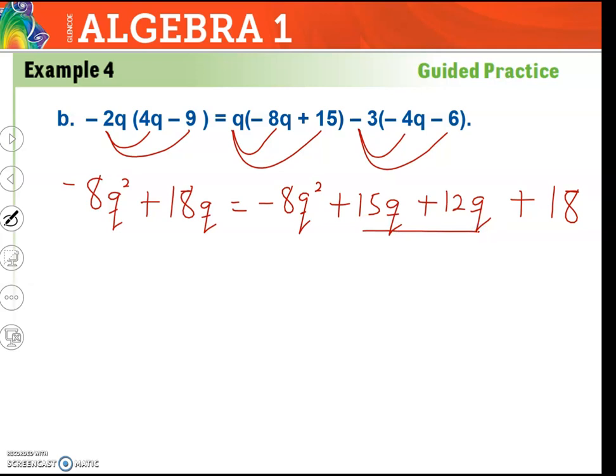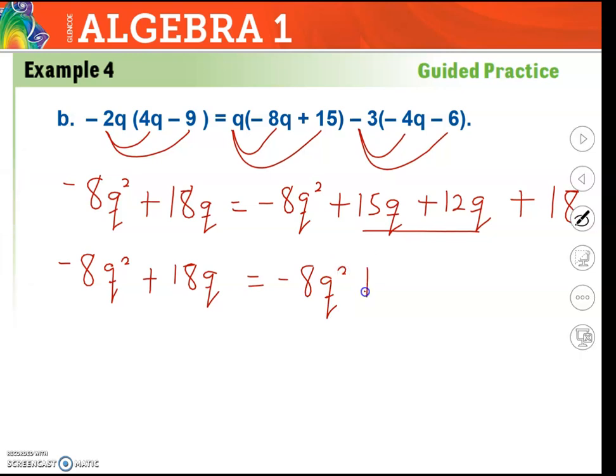So we have negative 8q squared plus 18q is equal to negative 8q squared. Now 15 and 12 give us plus 27q plus 18.